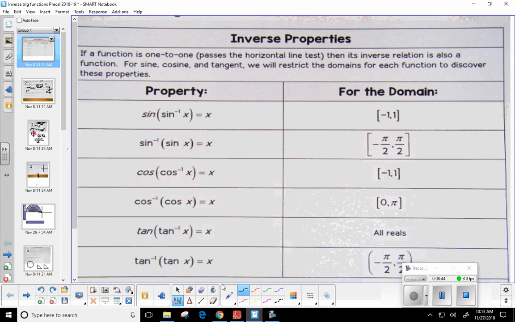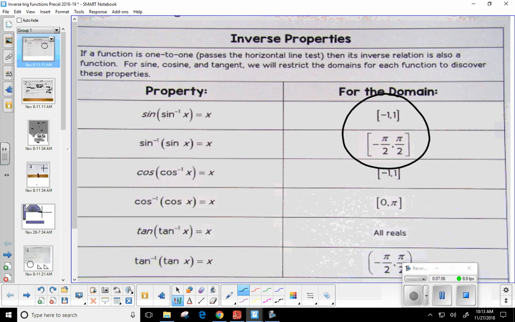But the thing about our inverses, we really want to make sure that they're functions. So our original function has to pass what we call the horizontal line test. And we started to see yesterday how with sine inverse in particular, we had to restrict the domain in order to make that happen. So we ended up with this input and output.